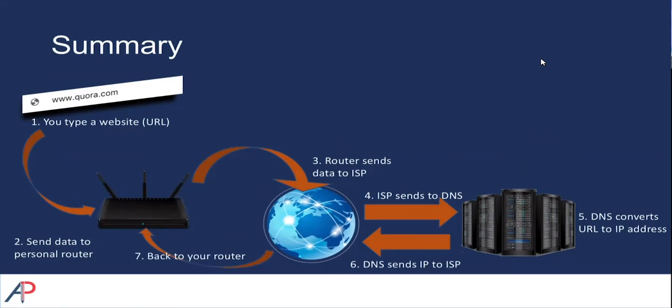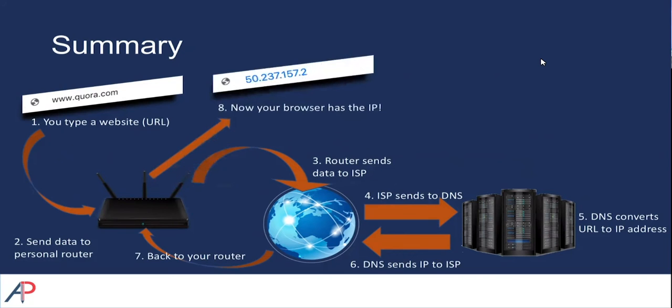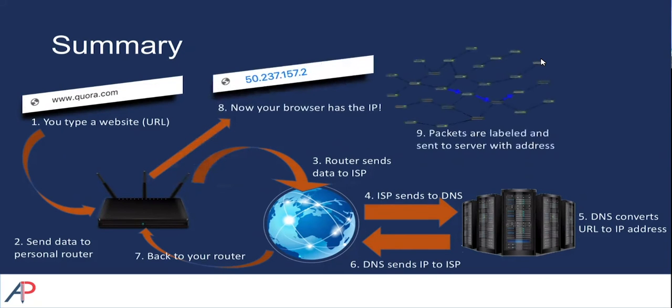Now you have the IP address because of the domain name system. Now you are able to forward your request to the server that has the IP address. So now you have the IP, and now you can send your packets to that server.